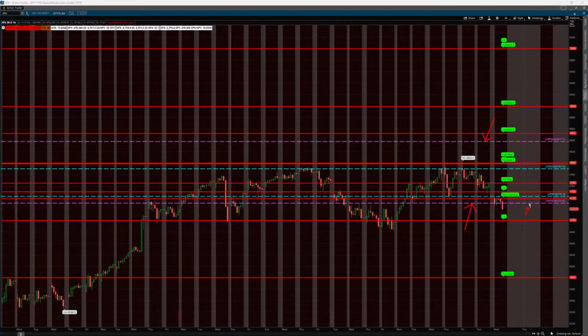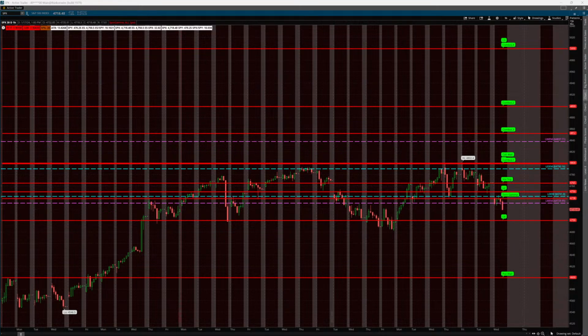And then the dashed blue lines are showing the lower and upper daily expected move, again based on the options market. And SPX is trading below that level as well. That's updated once a day. So SPX is now trading below the lower daily expected move for today, and also the lower weekly expected move for this week.